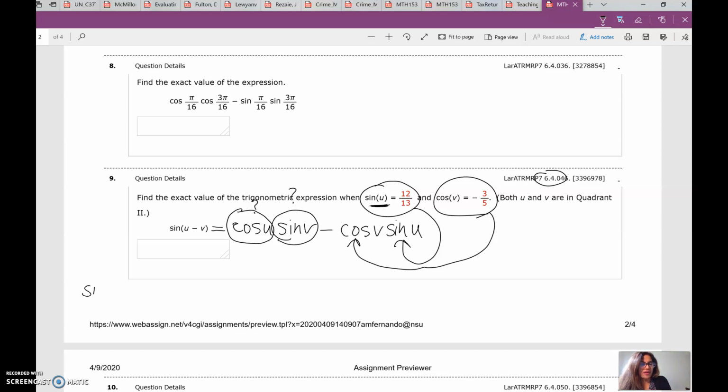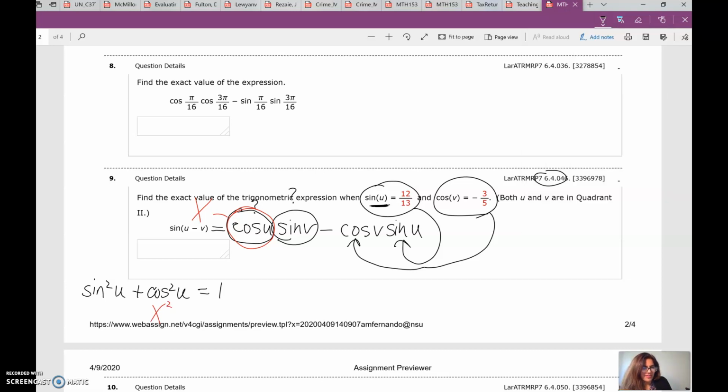So this is where some of our identities will be helpful. So for example, we don't know what the cosine of u is. Why don't I call that a big X? So this will become x squared.